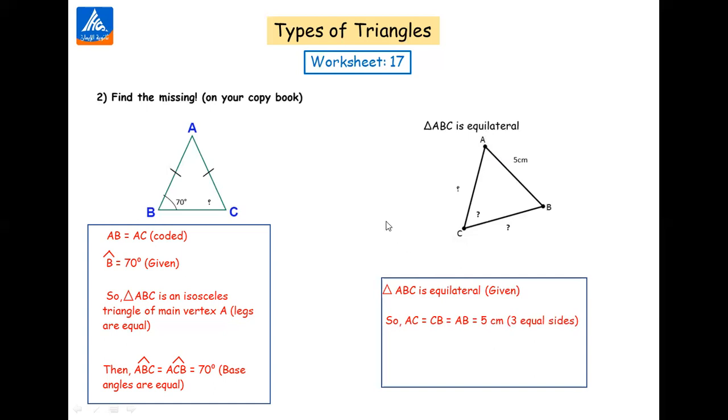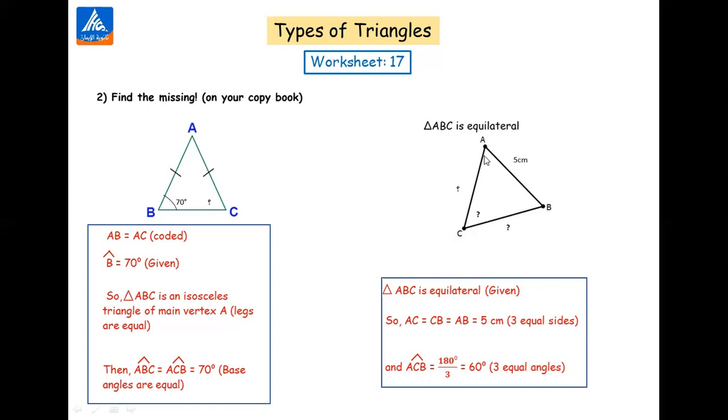So now I have to find angle C. Since ABC is equilateral, angle C is equal to angle A is equal to angle B equals 60 degrees. Why? Because the sum of angles in any triangle is 180 degrees.